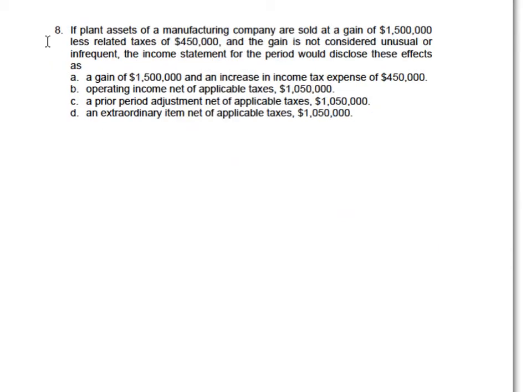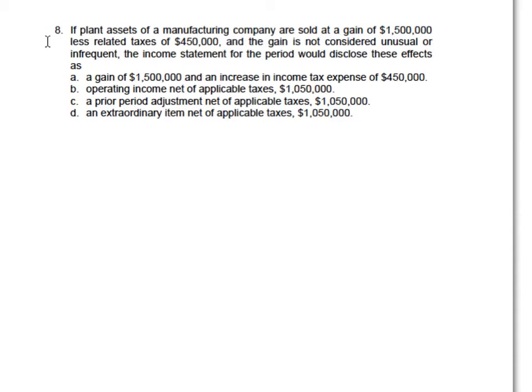In number 8, it says, if plant assets of a manufacturing company are sold at a gain of $1.5 million less related taxes of $450,000, the gain is not considered unusual or infrequent. The income statement for the period would disclose these effects as, well, we would have a gain of $1.5 million and an increase in income tax expense of $450,000.